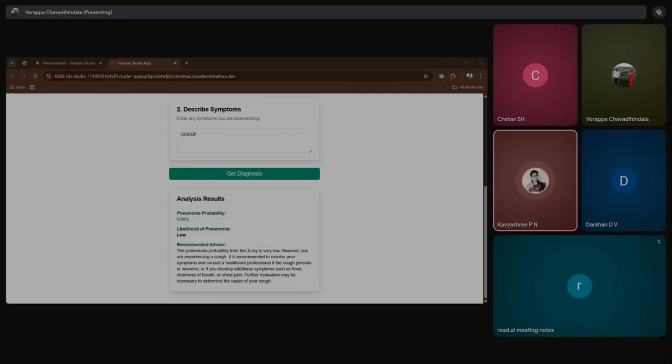What do you mean by the likelihood of pneumonia being low? It depends on the features, ma'am, like patches and the condition of lungs and rib boundaries, the shape of the lungs, and the percentage of patchy parts and irregular brightness in the images, ma'am.